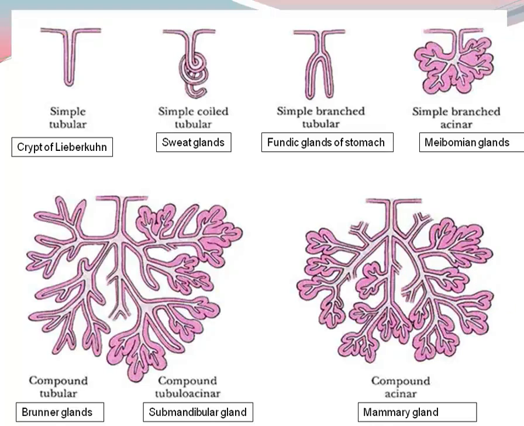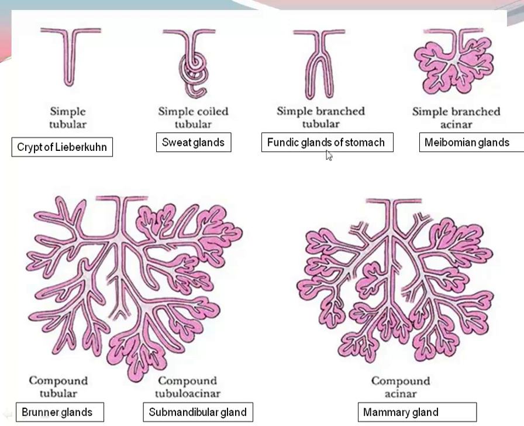Here you can see examples of these different simple and compound glands. The crypts of Lieberkuhn in the wall of the digestive system, the intestine, are simple tubular glands. Then the sweat glands present in the skin are simple coiled tubular. You can see the tube is coiled here. Then simple branched, where one or two branches are formed.